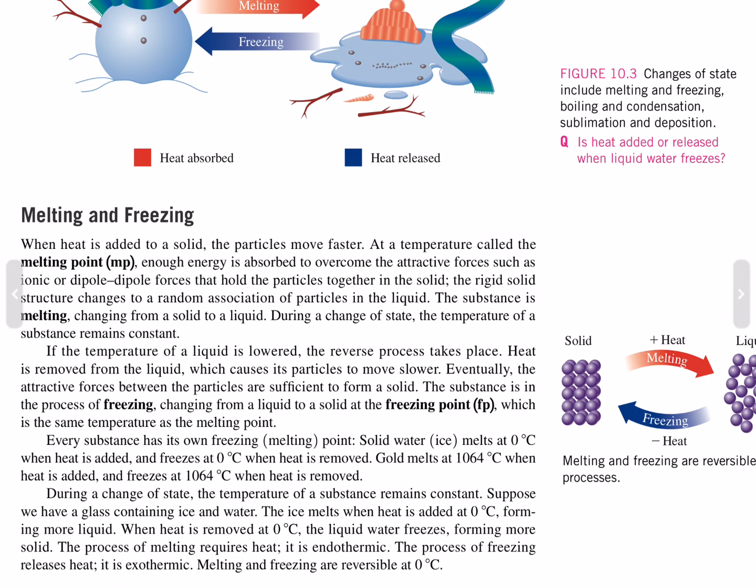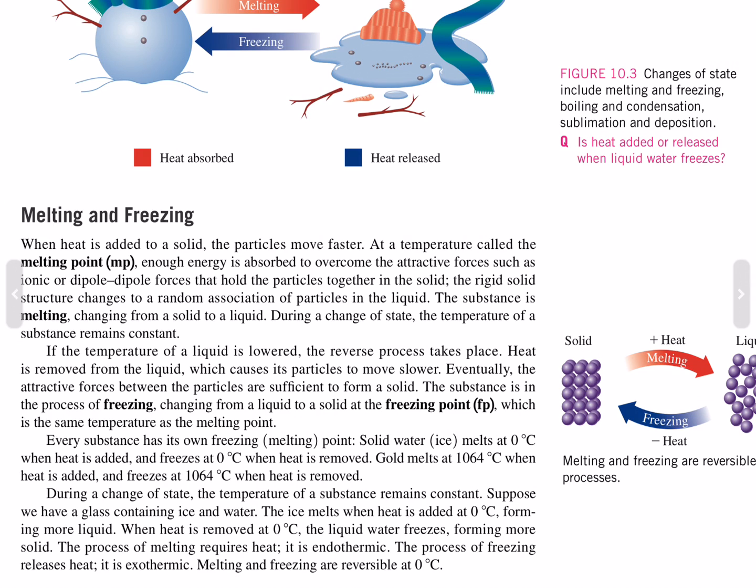Every substance has its own freezing or melting point. Solid water, ice, melts at 0 degrees Celsius when heat is added and freezes at 0 degrees when heat is removed. Gold melts at 1064 degrees Celsius when heat is added and freezes at 1064 degrees Celsius when heat is removed. During a change of state, the temperature of a substance remains constant.